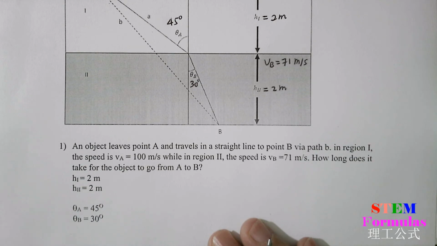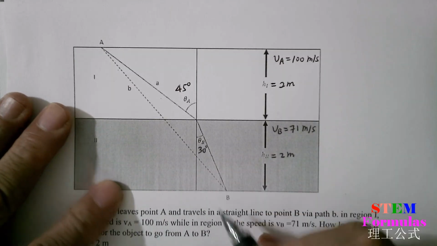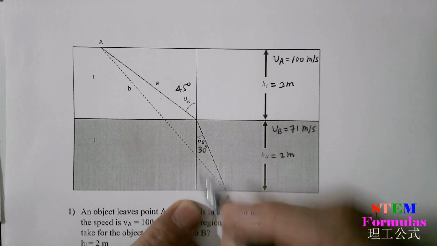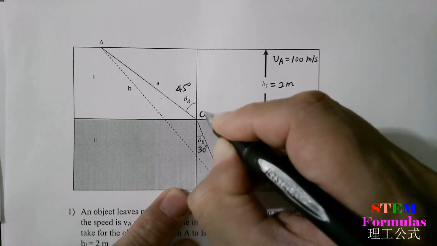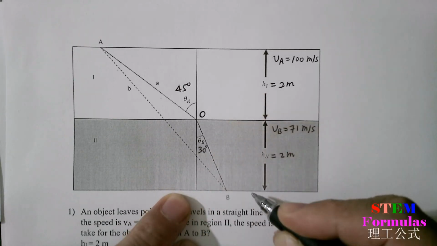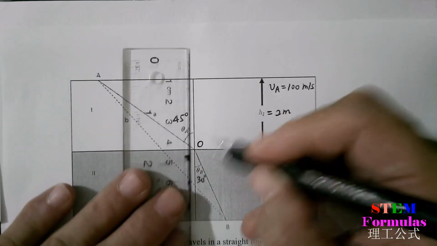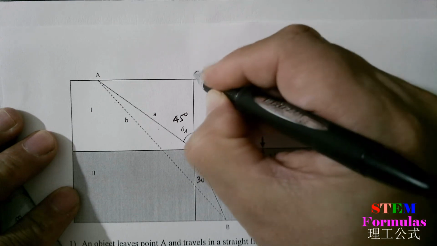So for solving this problem, I'm going to label some points. The center point I label as O, and if I have a vertical straight line, this point is O prime.